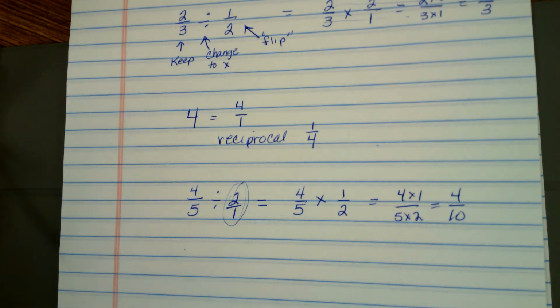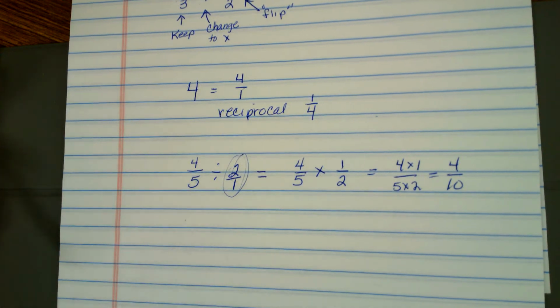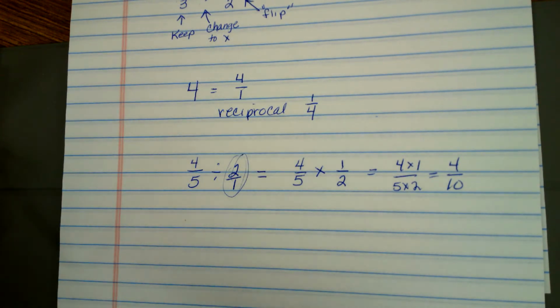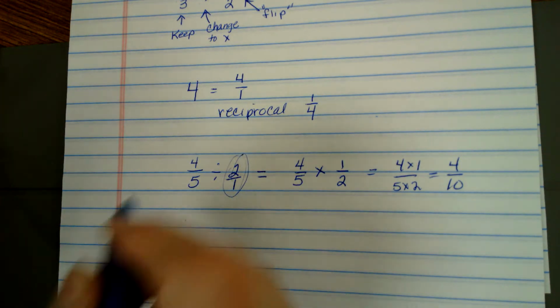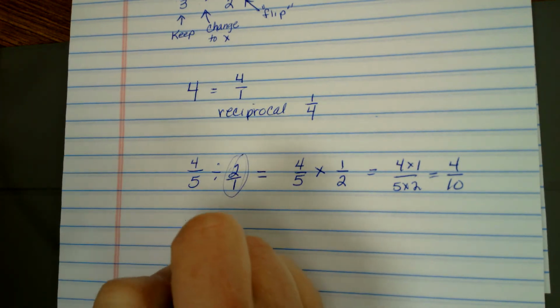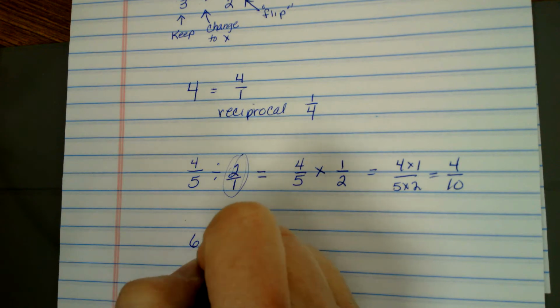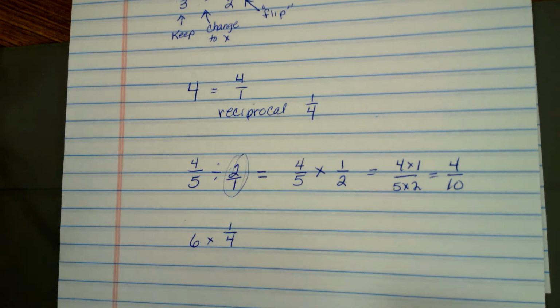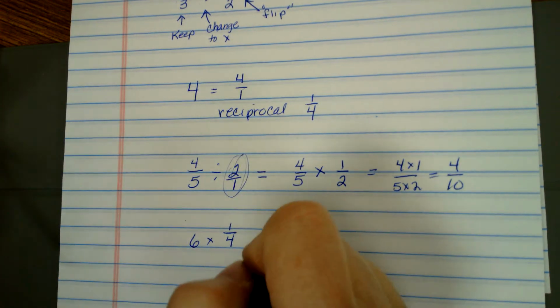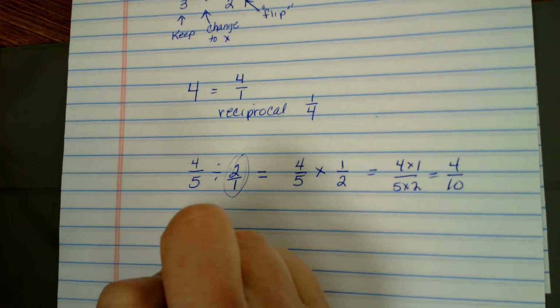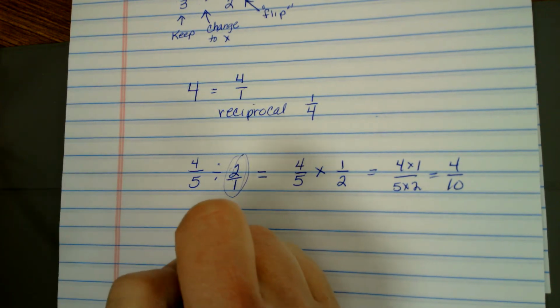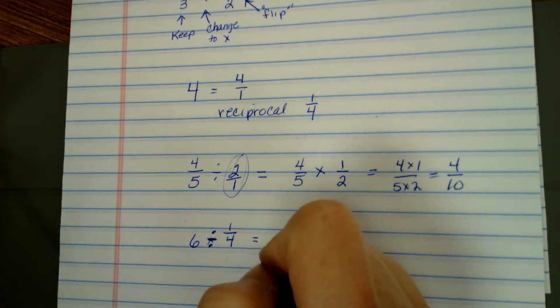Okay, the other place there was a confusion was when the whole number was in front. So let me go back. I'm going to make this 6 divided by 1/4, right?